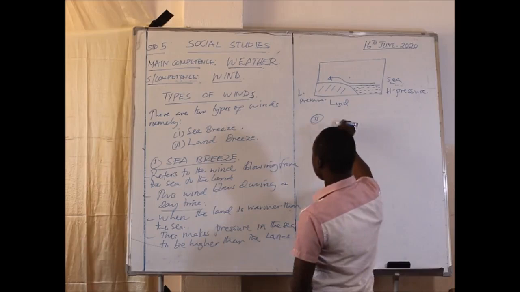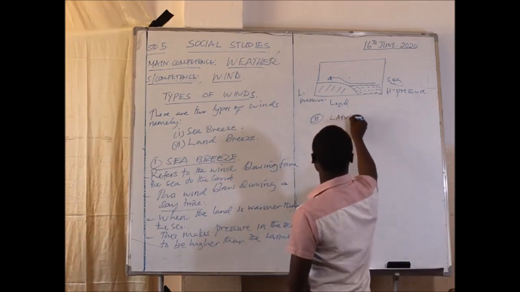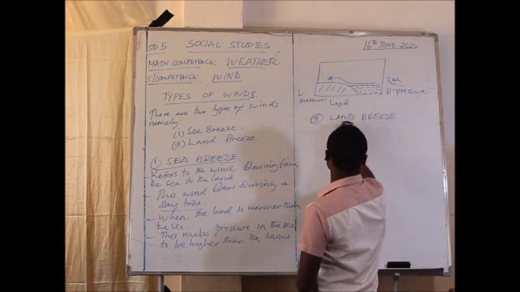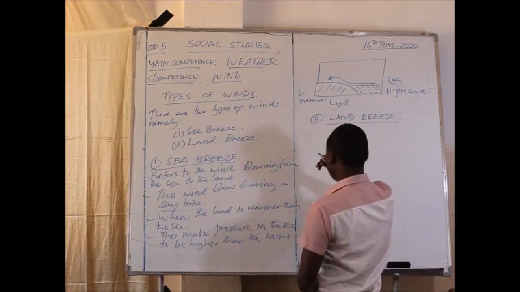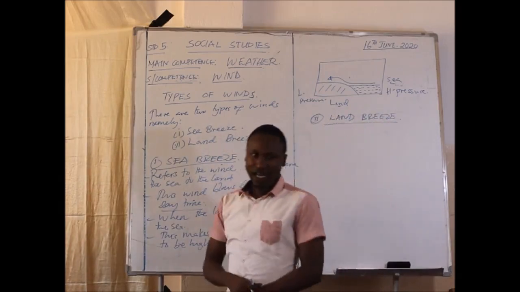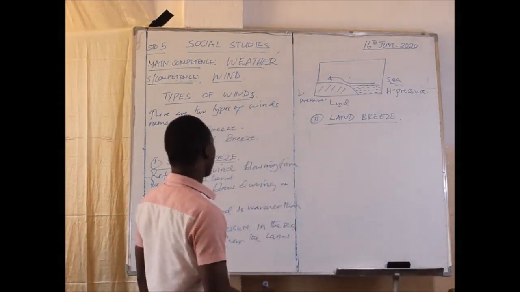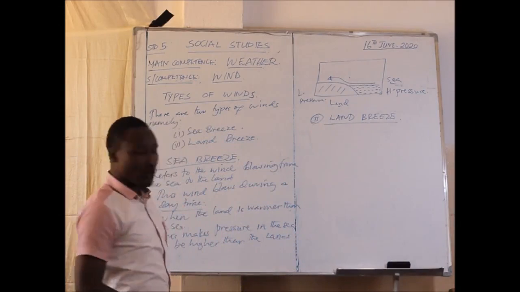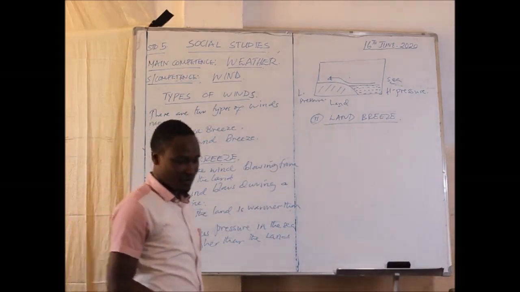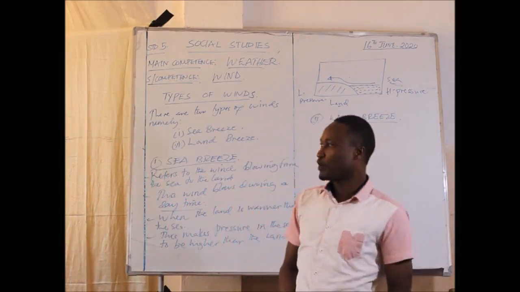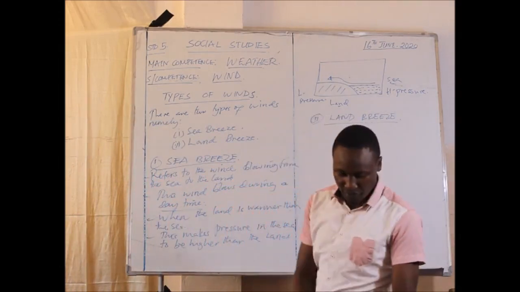Number 2, land breeze. Land breeze refers to the wind blowing from the land to the sea.